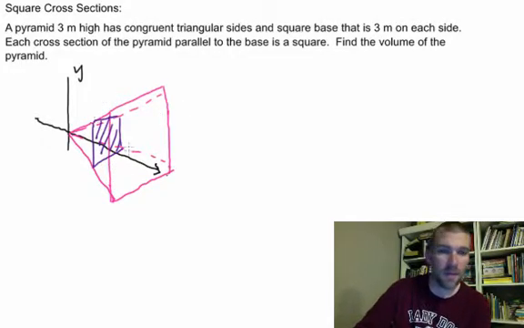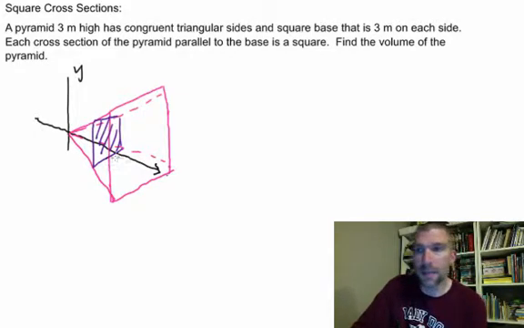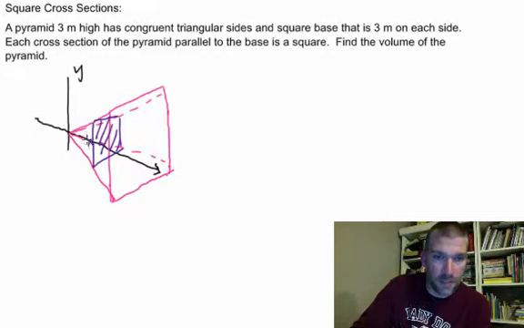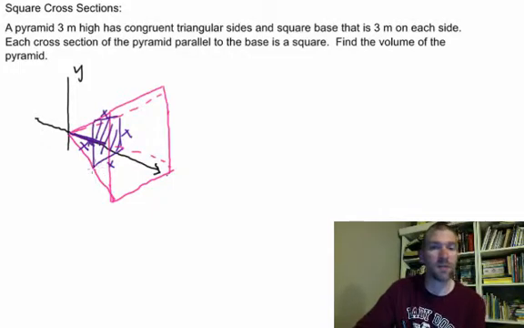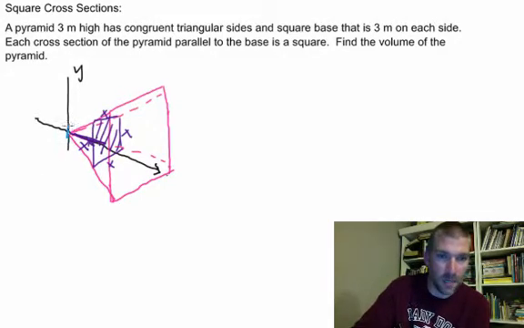If we think about the area of this square, we are x units wide. We're x units here, x units here, and we're also x units to that point. We've got these straight lines all coming off, and we're told that our pyramid is 3 meters high.